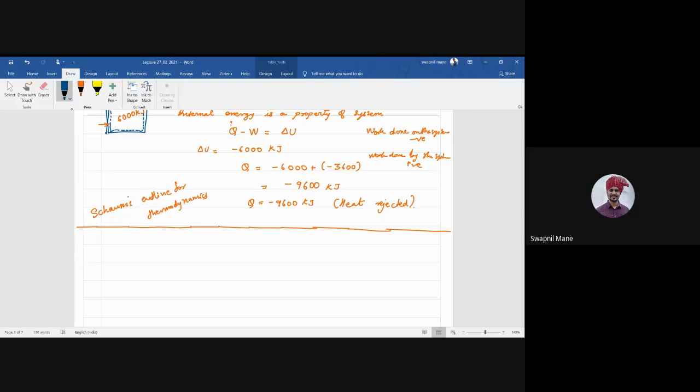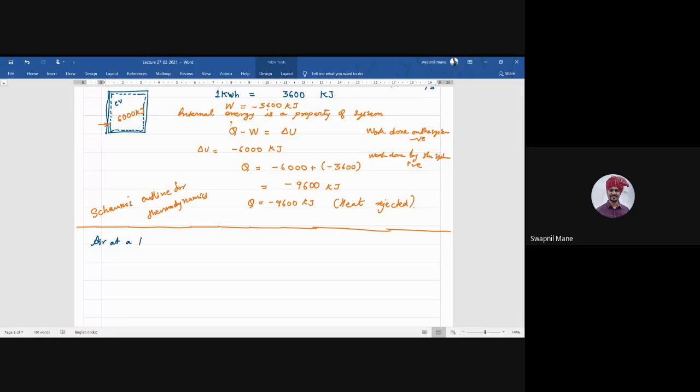Air at a temperature of 15 degrees Celsius passes through a heat exchanger at a velocity of 30 meter per second, where its temperature is raised to 800 degrees Celsius.